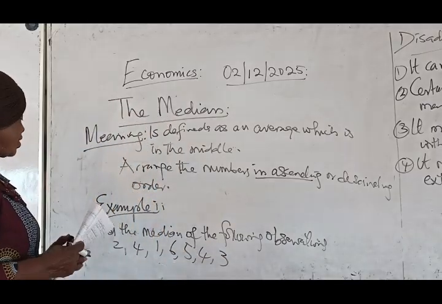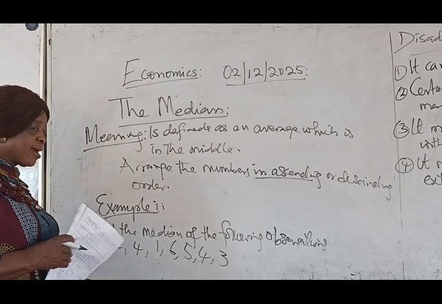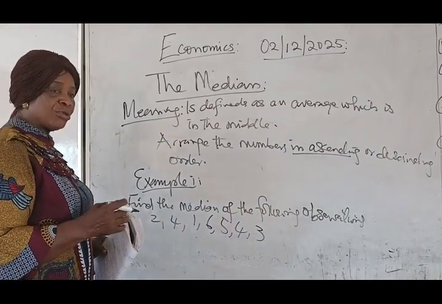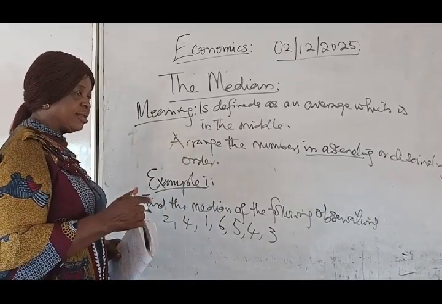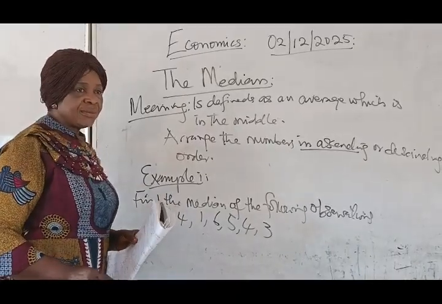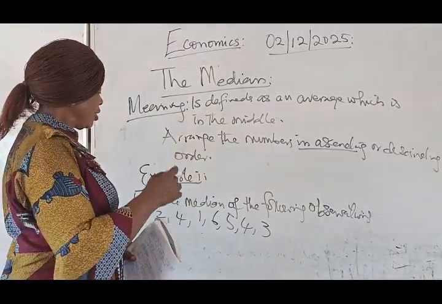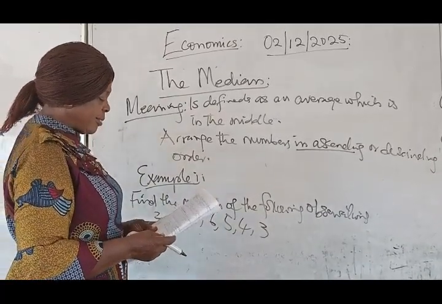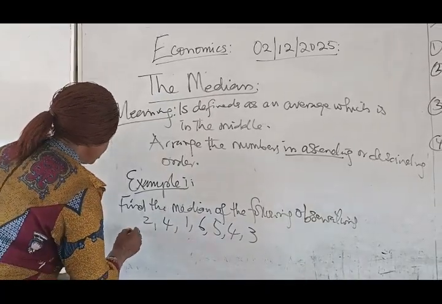Whenever you are given a set of observations like this, I advise you to count the numbers so that when you are transferring to your notes or answer script, you will not omit any number. So we have 1, 2, 3, 4, 5, 6, 7. So that when you finish transferring, it will be the same number given to you in the example.